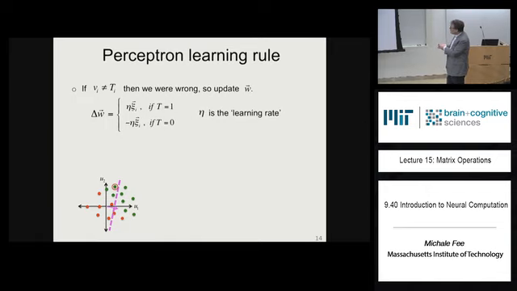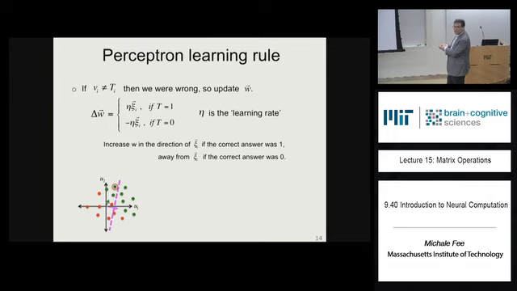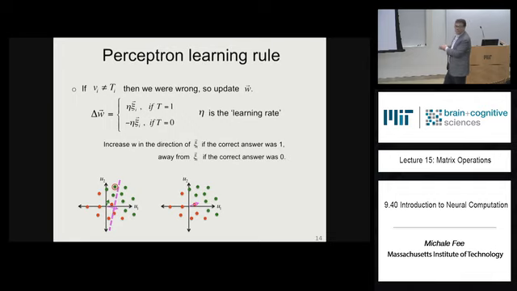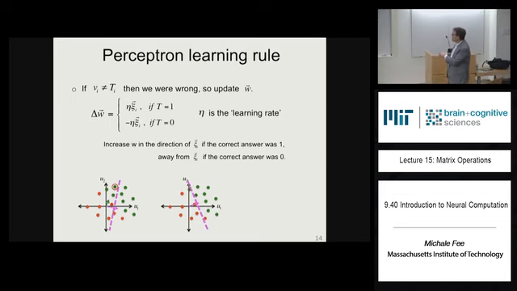We add a little bit to W in this direction, which moves the W vector this way. So there's our new W: the old W plus delta W, which is in the direction of this incorrectly classified input. And there's our new decision boundary.